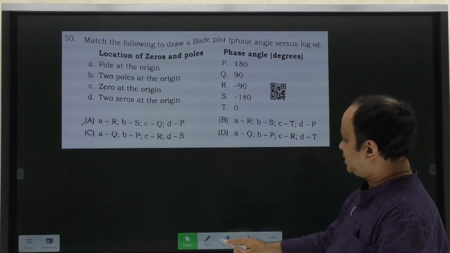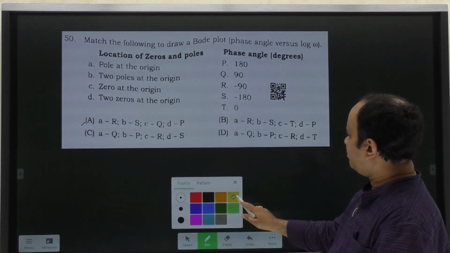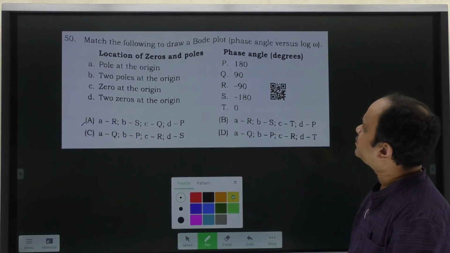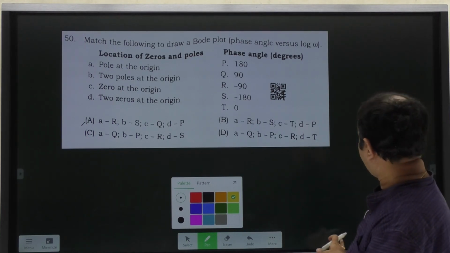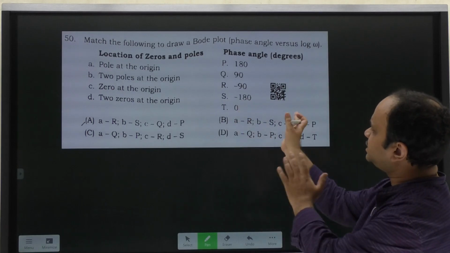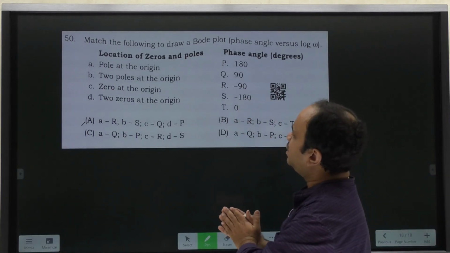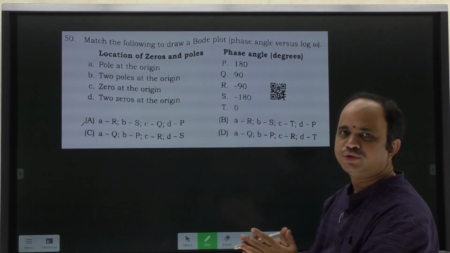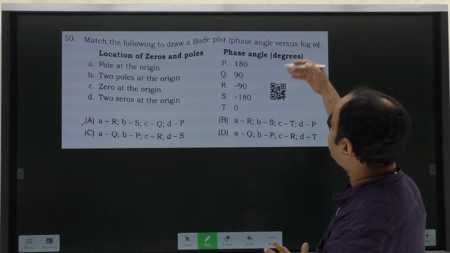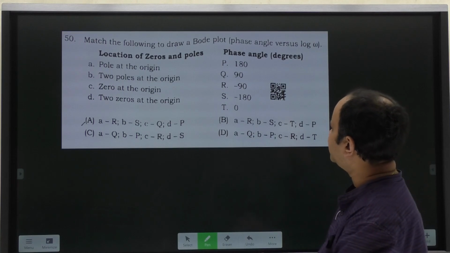Now let us see here. One matching is given. This question is based on the Bode plot, the phase plot. Looking at the matching of left side and right side, a pole and two poles or a zero and two zeros at the origin, what will be the corresponding phase angles?